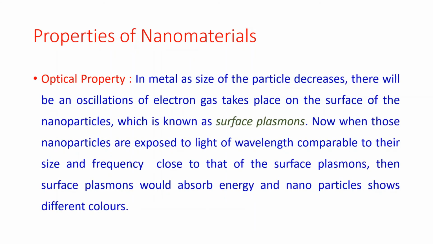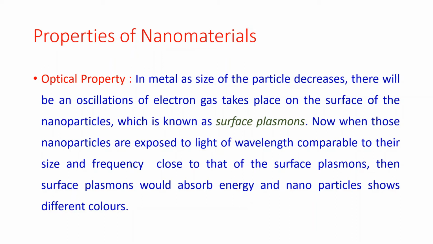So optical property, first we will discuss optical property. In metal, as the size of the particle decreases, there will be an oscillation of electron gas on the surface of the nanoparticles, which is known as surface plasmons.